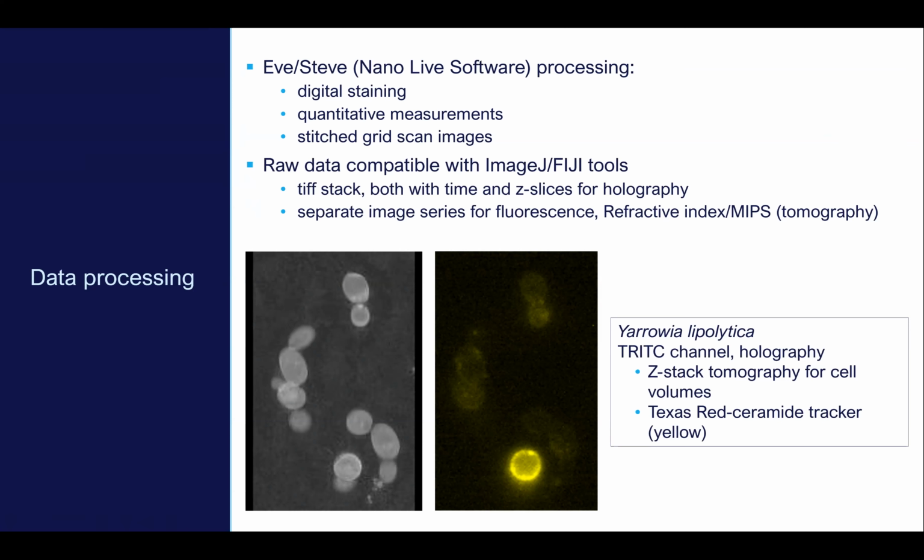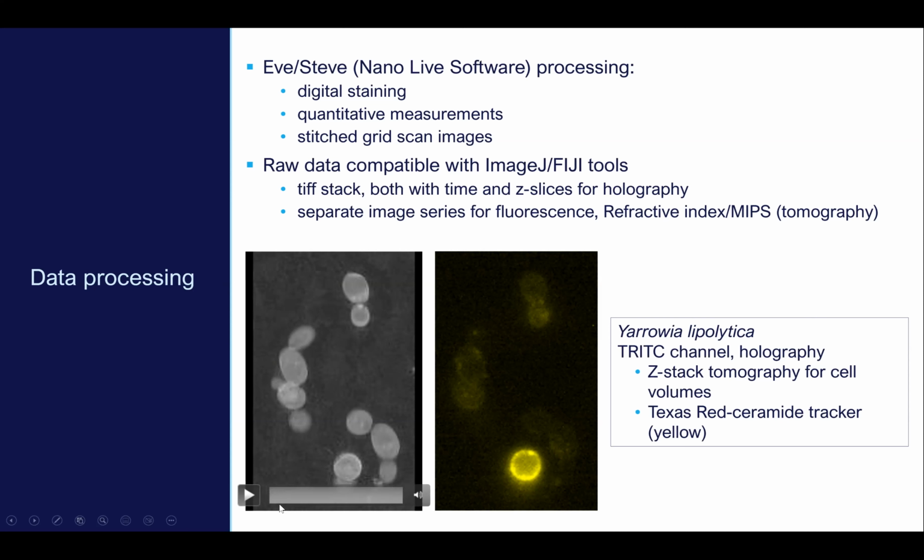You get TIFF stacks or other types of export data that are available across time, but you can also get Z slices for tomography. So you can have slices at each time point to look at how the volume of your sample is changing, and the density. You also have a separate image series that is captured for fluorescence.